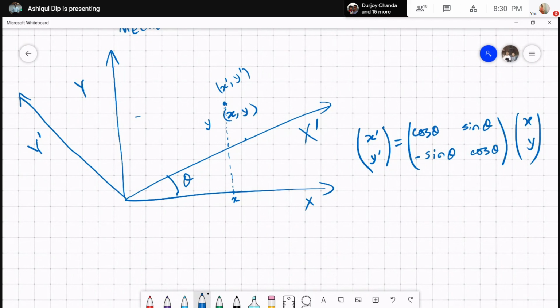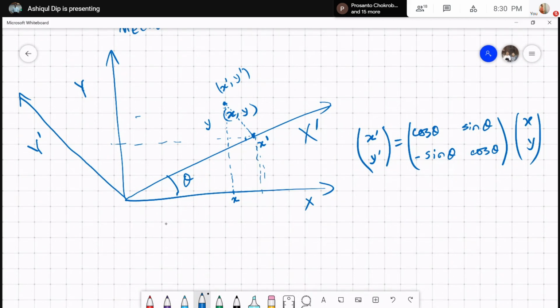So we need this one. This point is our x prime, right? So all we need to know is the coordinate of this point x prime. So how do we do that? We take the projection on this one and that one.